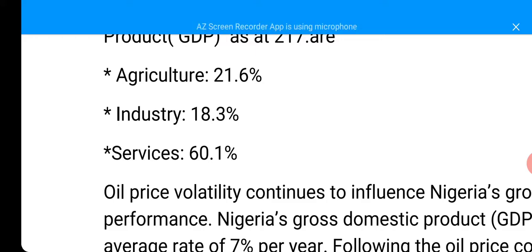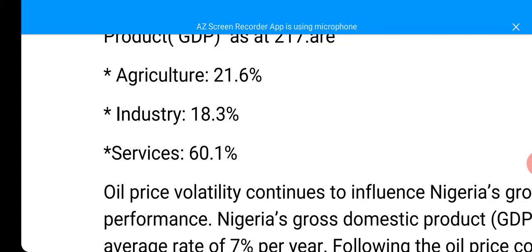product. And agriculture, which used to be the main focus, the backbone of the country in the 70s, as the contribution of agriculture to the GDP has really fallen, it's now just 21.6% as of 2017.